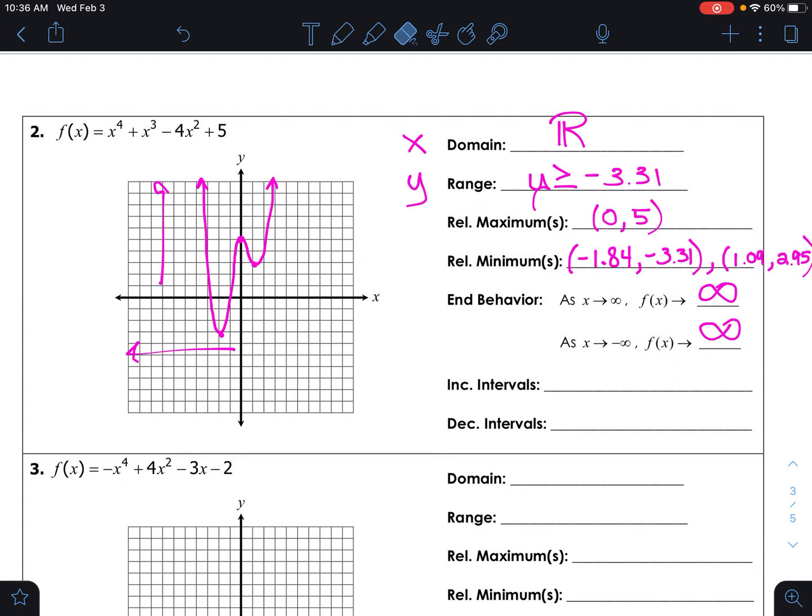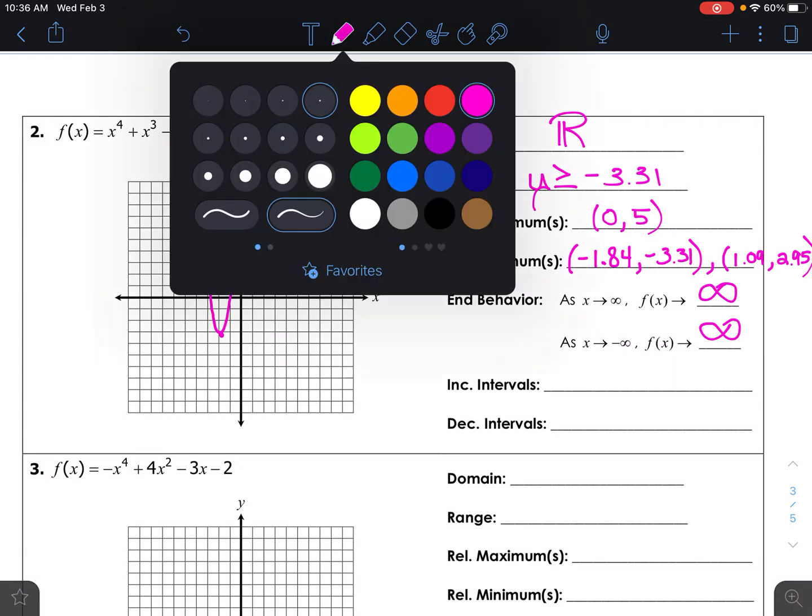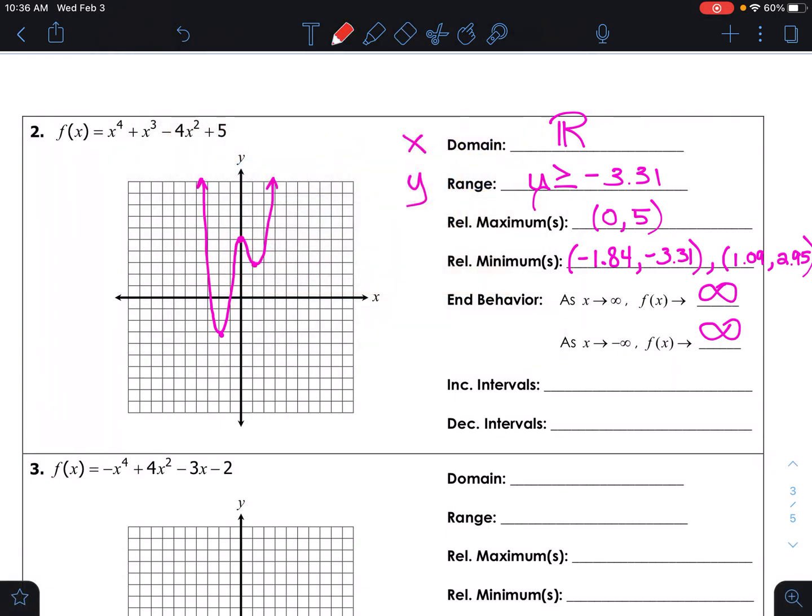Okay, and then now let's write our increasing and decreasing intervals. So let's see. It is increasing from here to here, in that segment there. So that is from negative 1.84 to 0.